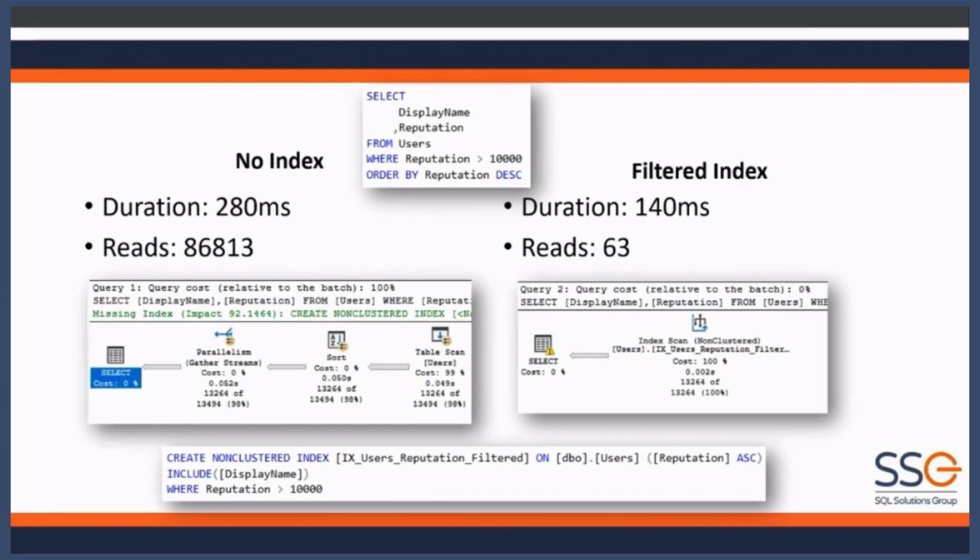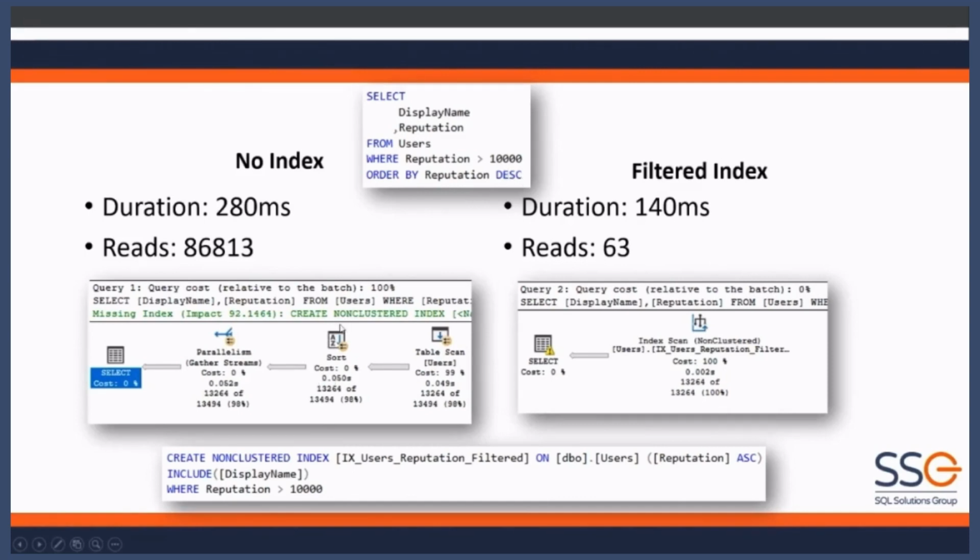Now, on the left here, you can see the duration, 280 milliseconds, and it does 86,000 reads. That's the whole table. It's scanning the entire table. If you look at the execution plan, on the right you can see our table scan, and that's scanning the entire table. We're then having to sort the data because I've asked for it descending.